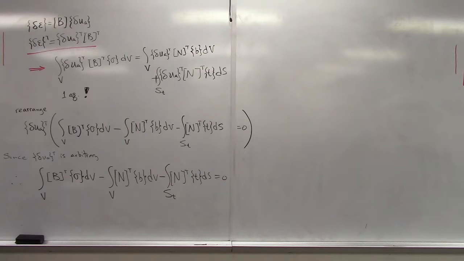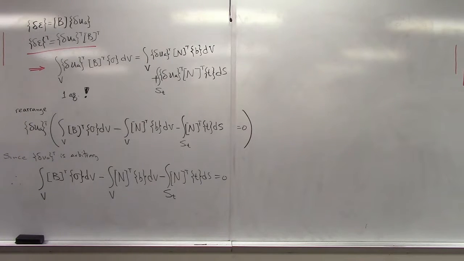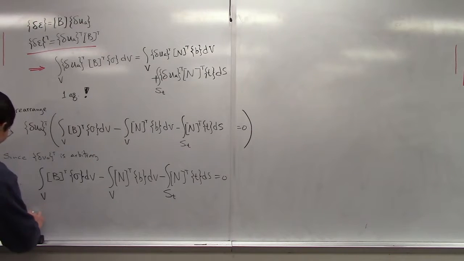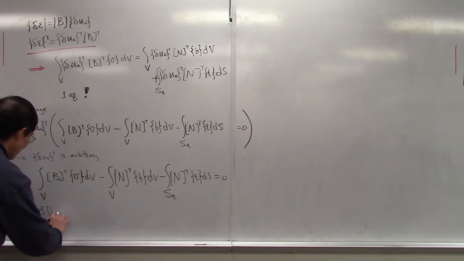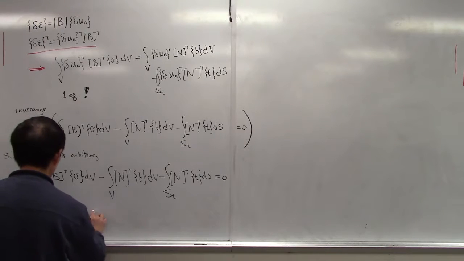Now let's see how many equations this represents. What is n? The number of nodes, or number of elements, one of them. It should be nodes. In 1D it is n. For 3D problems, it represents 3n equations.